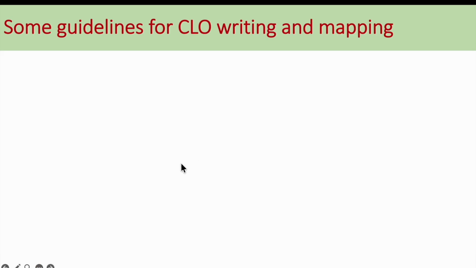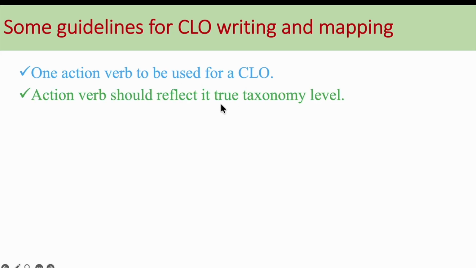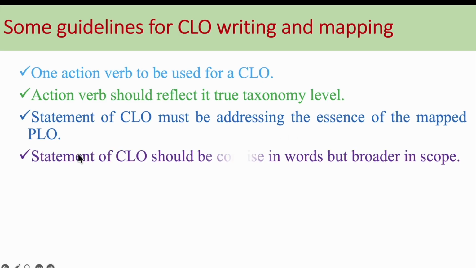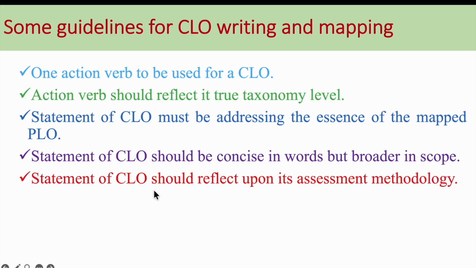We have some guidelines for CLO writing and mapping. One action verb to be used for a CLO. Action verb should reflect its true taxonomy level. Statement of CLO must be addressing the essence of the mapped PLO. Statement of CLO should be concise in words but broader in scope.